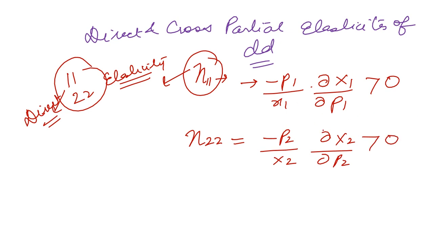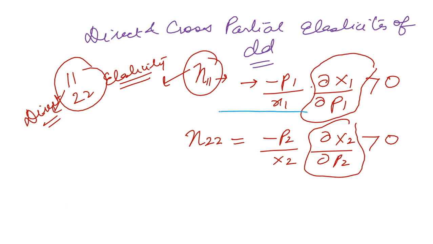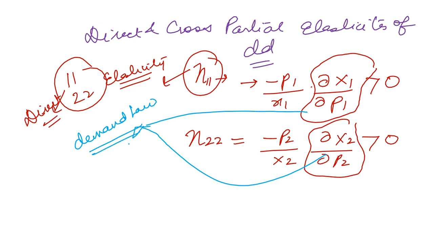Why is it always greater than 0? Because these two expressions represent the law of demand, so logically the derivatives have to be negative.